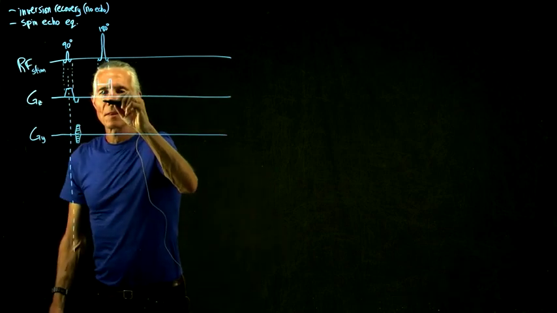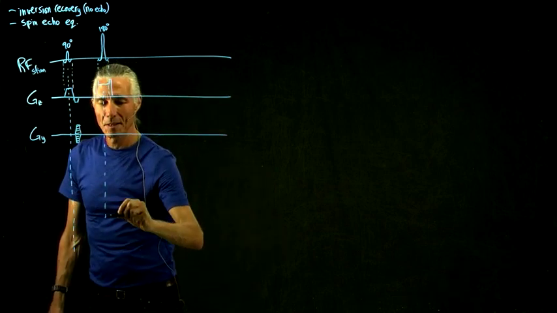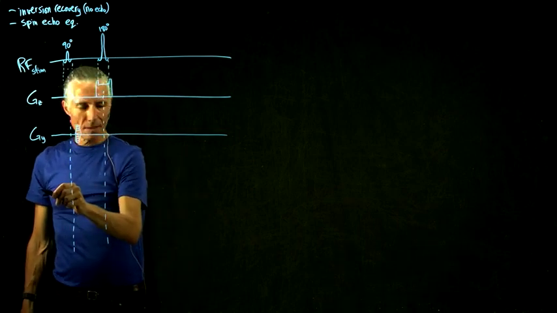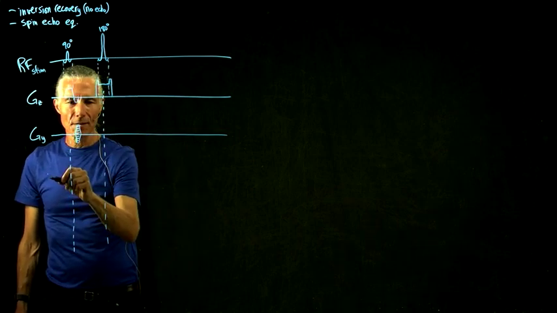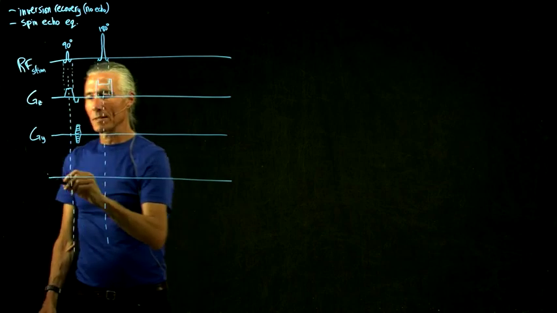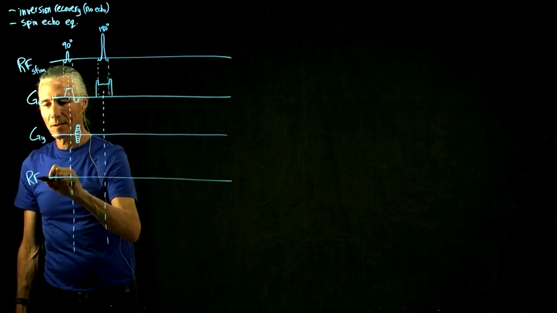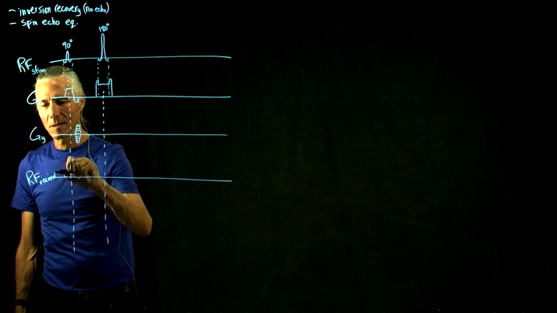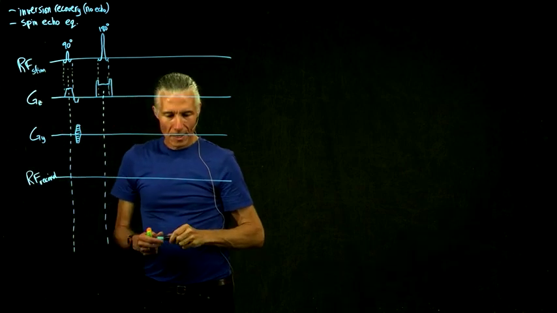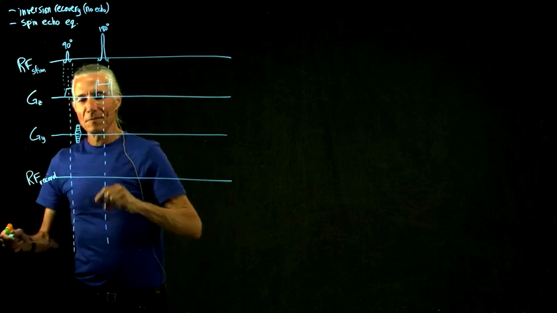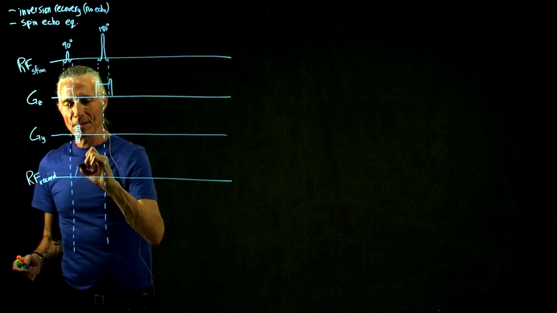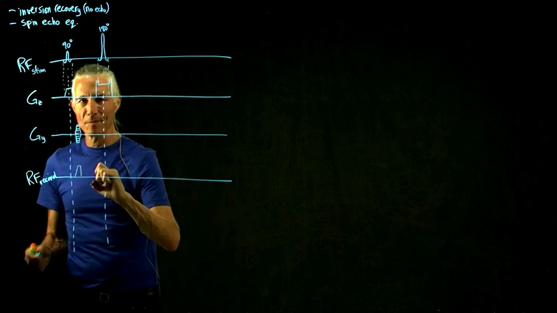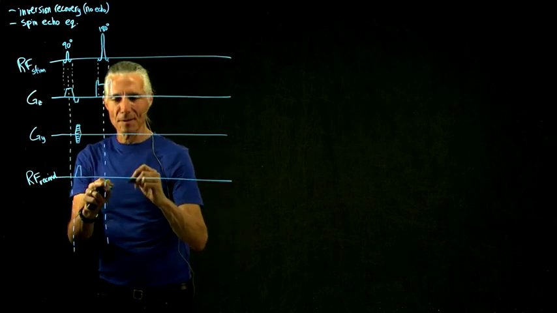And then we can actually sort of look over here at what signal we're getting out. So this is RF record. So we're doing a little bit of phase encoding, and then we're doing a rewinder, which is right side up because we did it before the 180, but we won't talk about that.